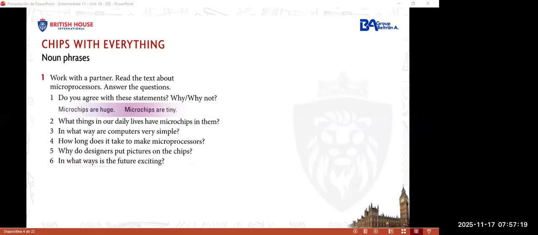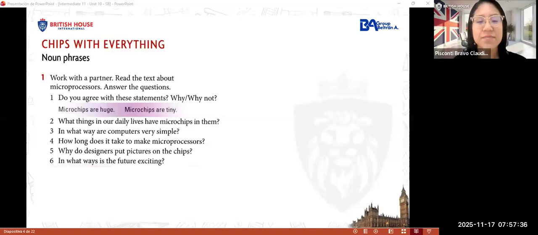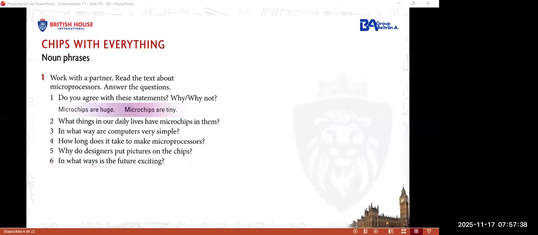I disagree with the first sentence, but I agree with the second sentence because microchips are so tiny, so small. They are tiny and maybe they are the brain in all the devices we have, like a laptop, TV, and others.